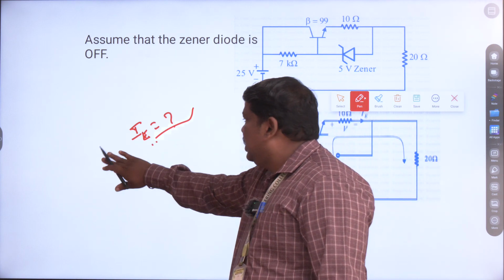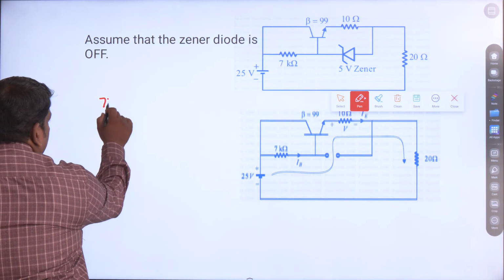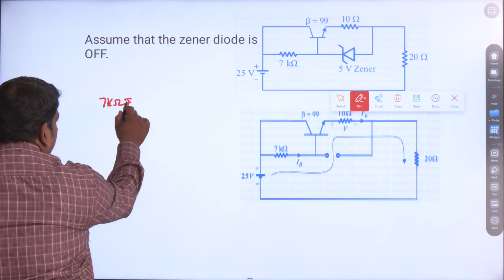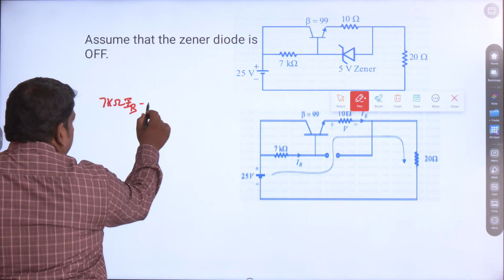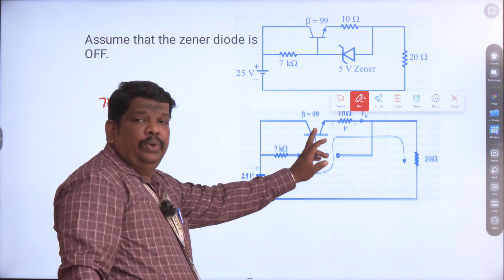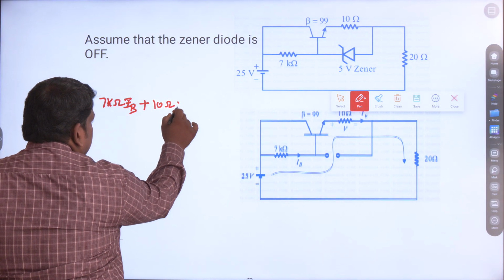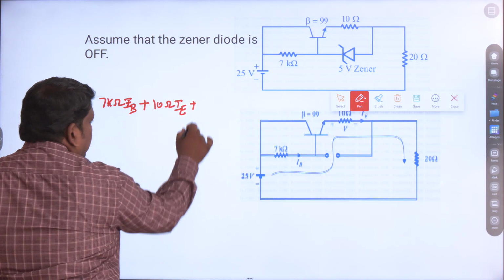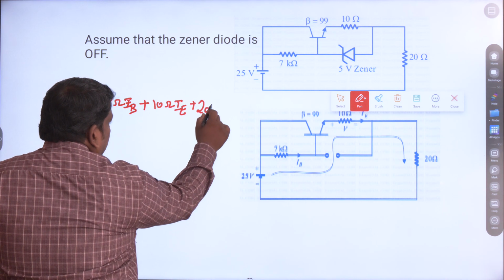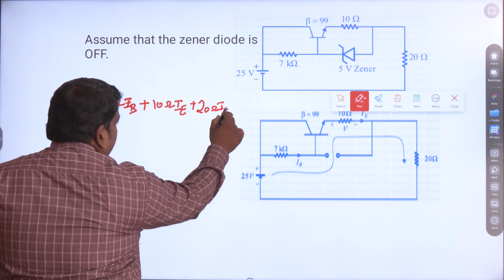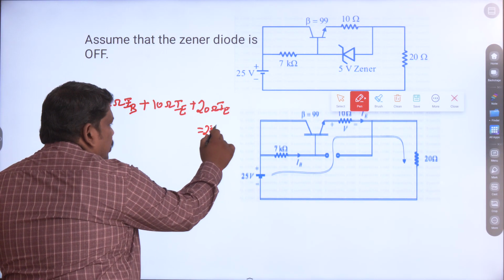According to Kirchhoff's law, we can write: 7 kilo ohms into IB, plus the emitter current through the 10 ohm resistor, plus the emitter current through the 20 ohm resistor, equals 25 volt.